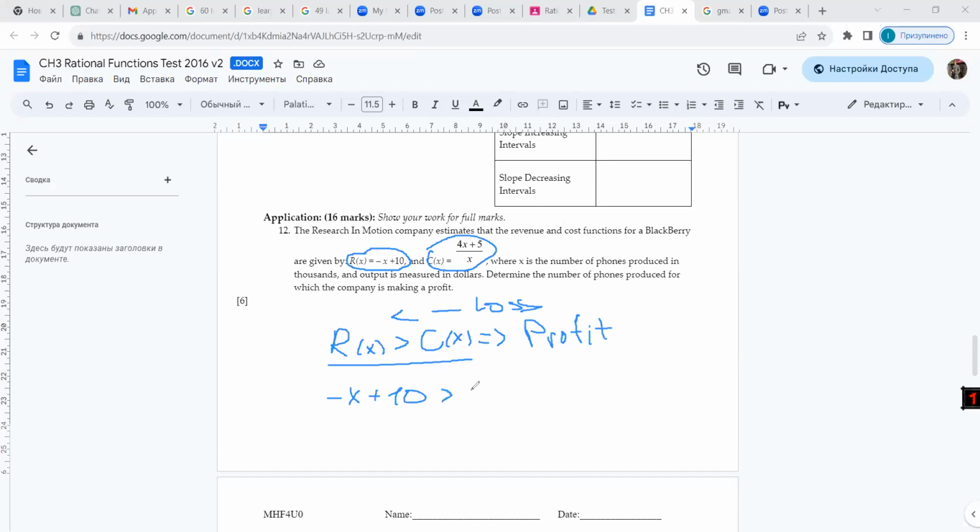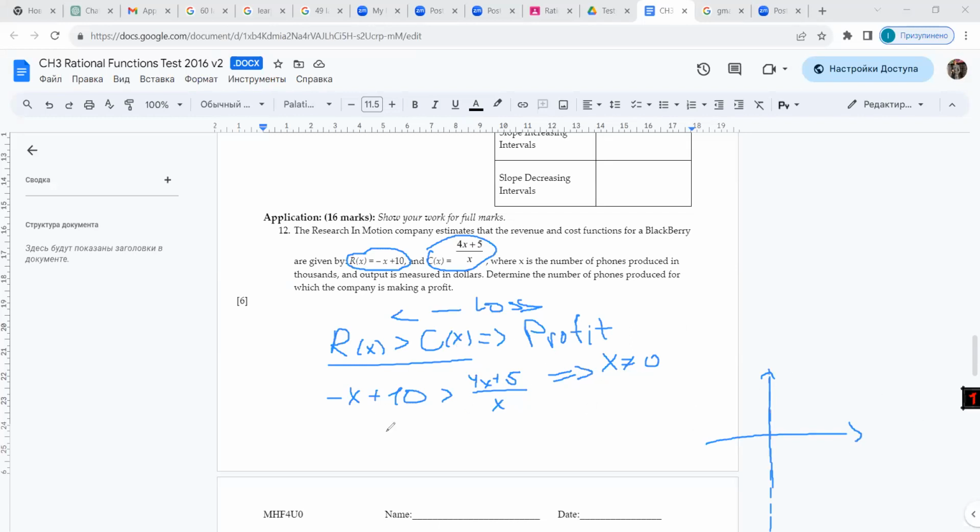So use this inequality sign, then greater than 4x plus 5 over x. Right from here, we say our limitation x does not equal 0. That is reasonable. And that's going to be our vertical asymptote on the graph. So when x equals 0, when we produce 0 phones, it's not a case that is possible.